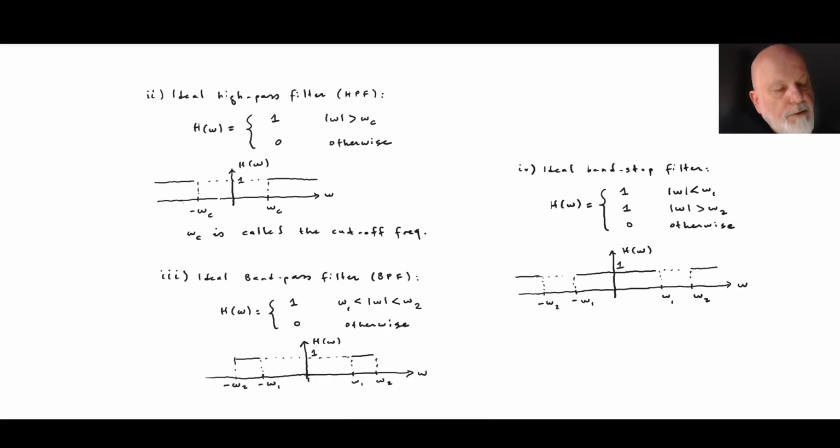But all the frequency components in the band, for omega between omega 1 and omega 2 or minus omega 2 and minus omega 1, those frequency components will be rejected by the filter.